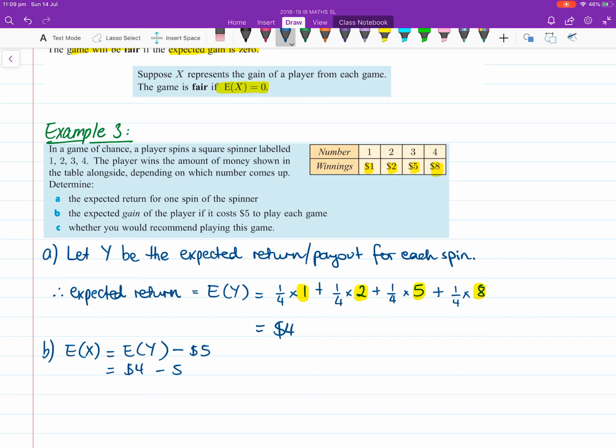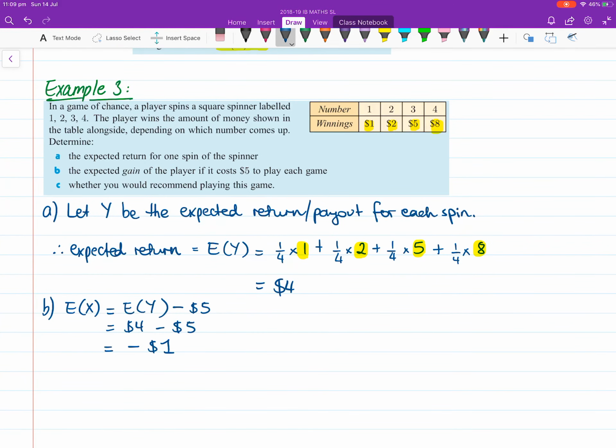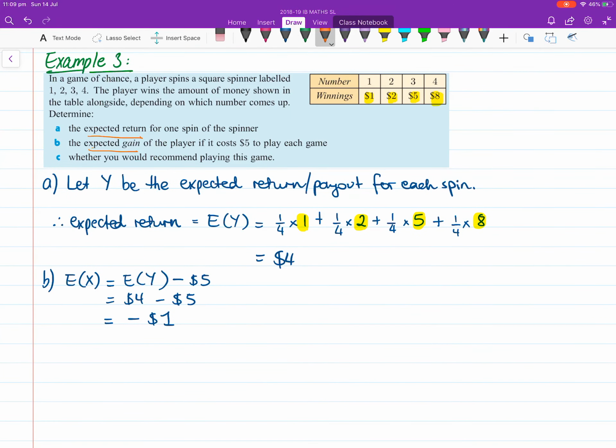So it's $4, take away $5, so it's minus $1, a $1 loss. So just be careful with language, expected return versus expected gain. When you want to know how much you've gained, you've got to take into account how much it costs you to play in the first place.